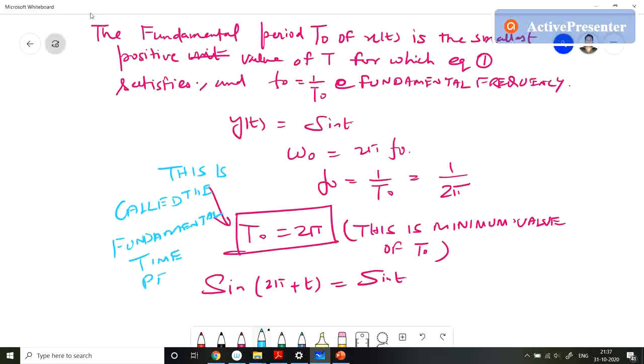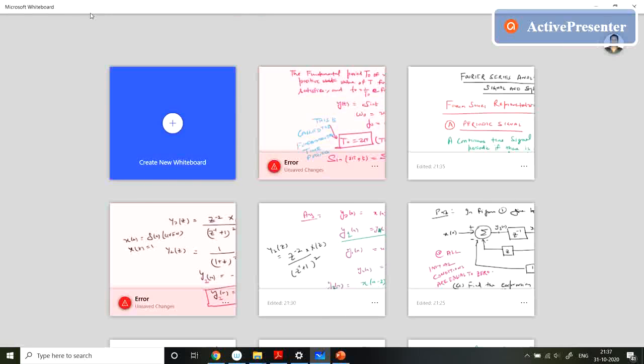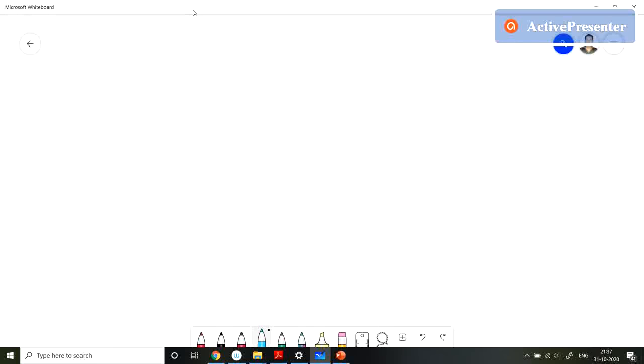This is called the fundamental time period. So two basic examples of periodic signals are the real sinusoidal signal, that is basically x(t) = A cos(omega naught t + phi). This type of signal is called the sinusoidal signal.